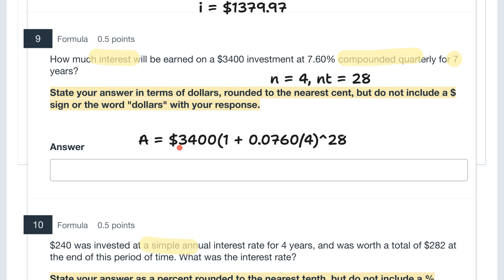My calculator, so let's clear it all out. 3400 times, open parenthesis, 1 plus 0.0760 divided by 4, close parentheses, the exponent is 28.